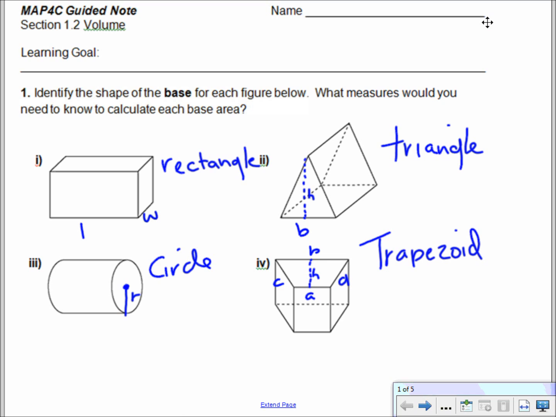So you need the base, the top, the side, and the height. An easy way to get the height if it wasn't given is to put your height here, which creates a right angle triangle, and you can use the Pythagorean theorem again to find it. Generally the height is given just to save you from that step, but you could do it if you needed to. The height is basically the thickness of the base, sort of.